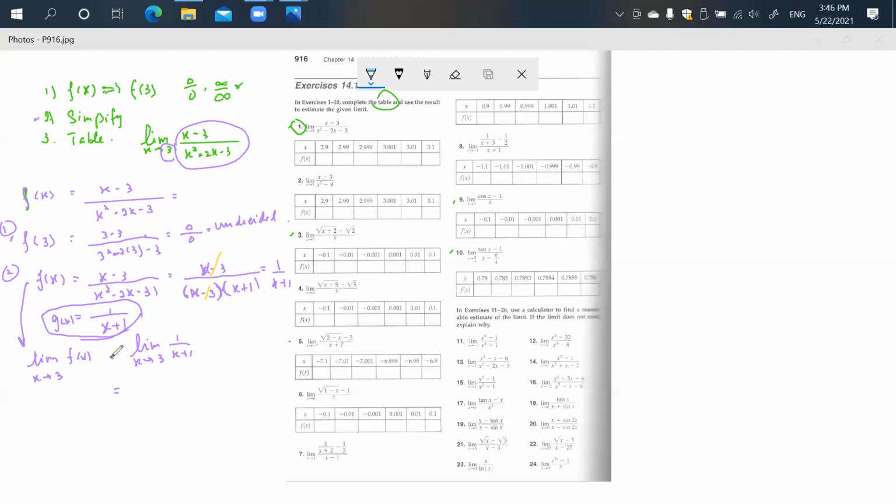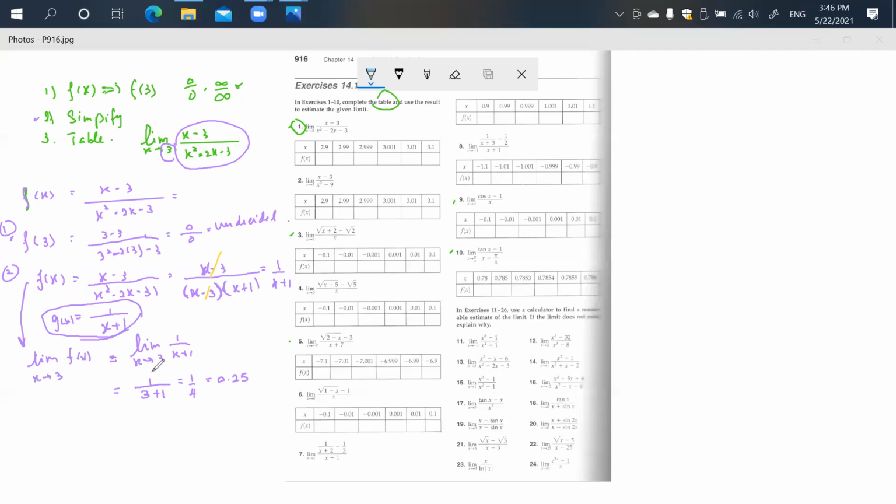Now you can simplify, and the next step, you just replace x equals 3 right here. So it's 1 over 3 plus 1, equal to 1 over 4 or 0.25. You can leave the answer as a fraction or decimal.